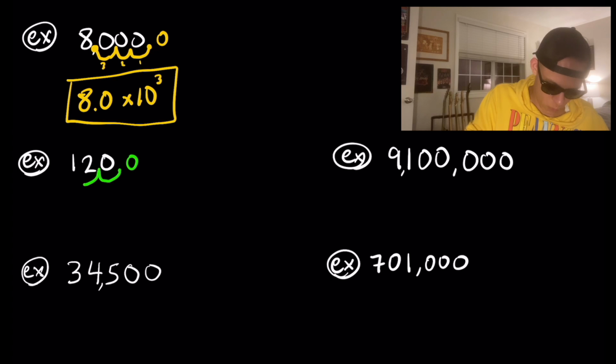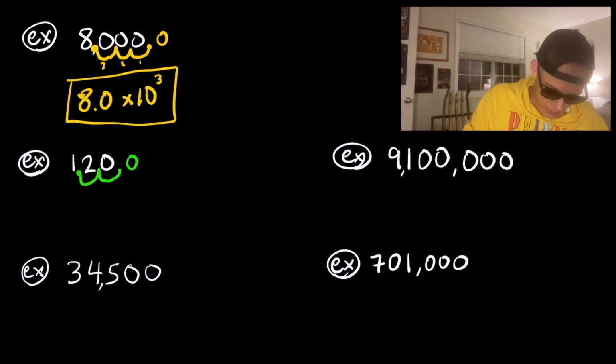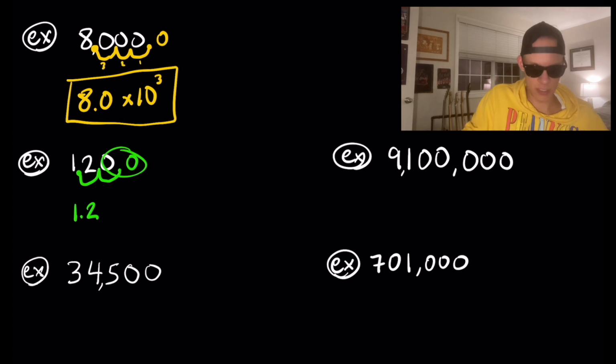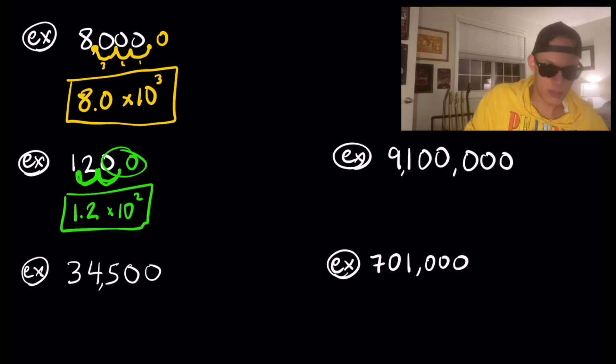Let me move it over one more place, and I'll have 1.200, which is definitely between 1 and 10. So I will write this as 1.2. I don't need these other two zeros here. It's not wrong if you put them, but you don't need them. So I'll have 1.2 times 10 to the, well, I moved my decimal 1, 2 times. So 1.2 times 10 squared, or 10 to the second power.